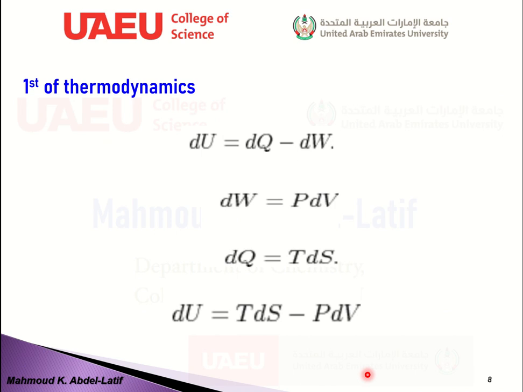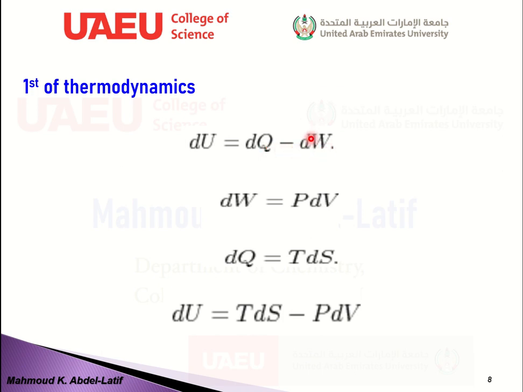Okay. Before going further, I'm going to revise a little bit about the first and second laws of thermodynamics. The first law of thermodynamics is given by the following: dU equals dq minus dw, where dU is the change of internal energy, q is the amount of heat liberated or absorbed by a system, minus dw, the work.